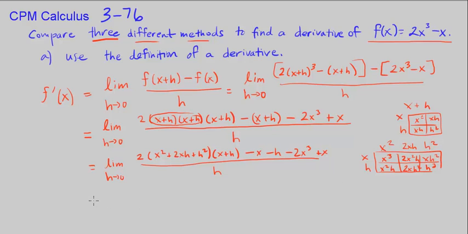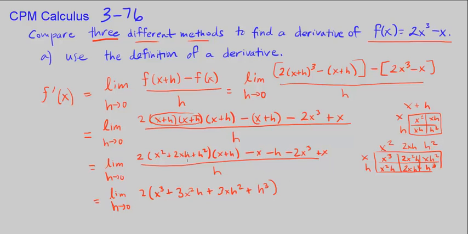Okay? So that's equal to the limit as h approaches 0 of 2 times, now we have all of this. So we have x cubed plus 2x squared h, right? But there's another one here, so that's 3x squared h plus xh squared, and we have 2 here, so plus 3xh squared plus, and then this is h cubed, right?